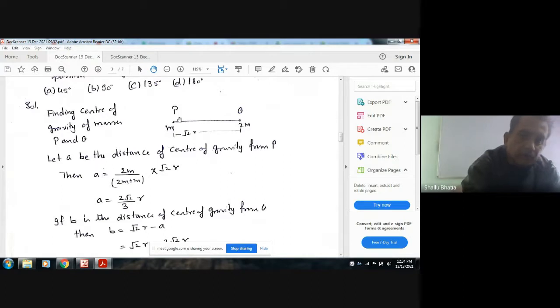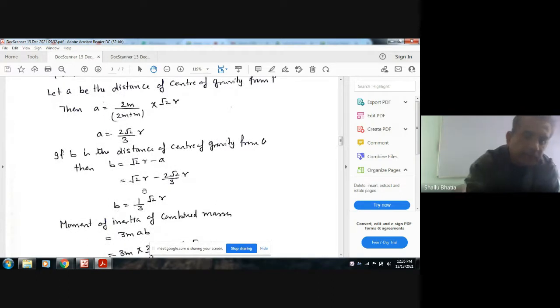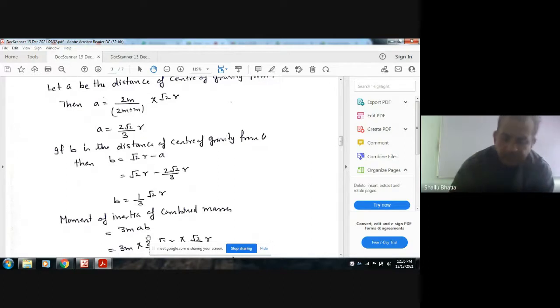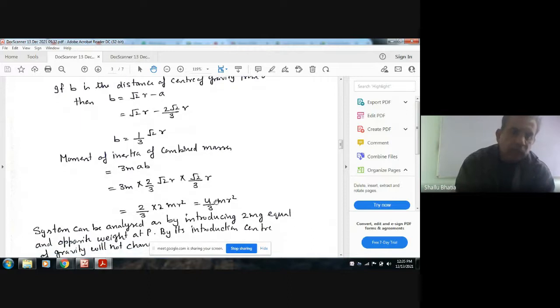The formula for moment of inertia is the total mass of the system into the distance A and the other distance B. The total mass of the system is 3m, A is the distance from P and B is the distance from Q. This is the formula that we derived in Theory of Machines, in balancing of masses, for an equivalent system of masses.